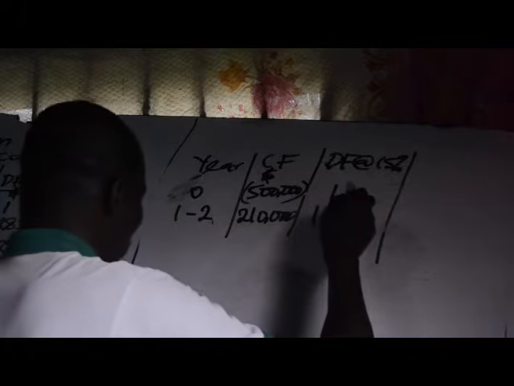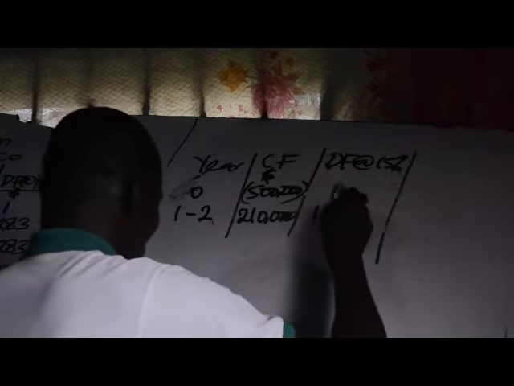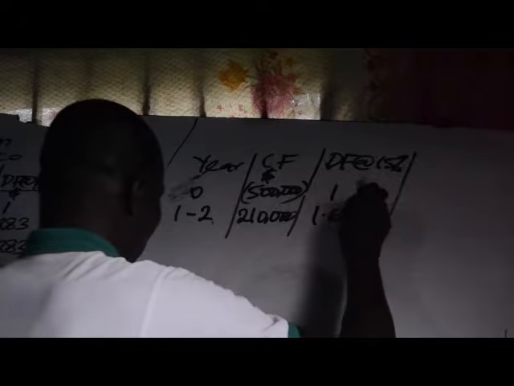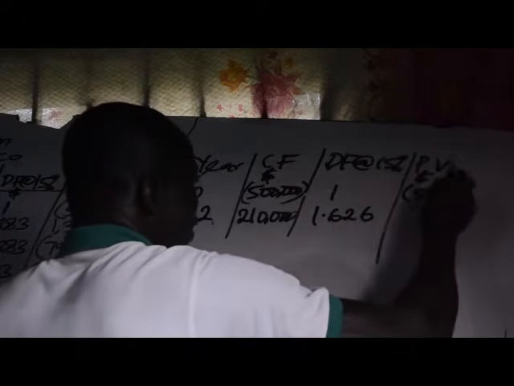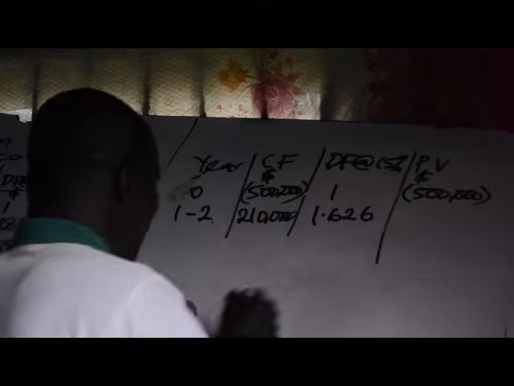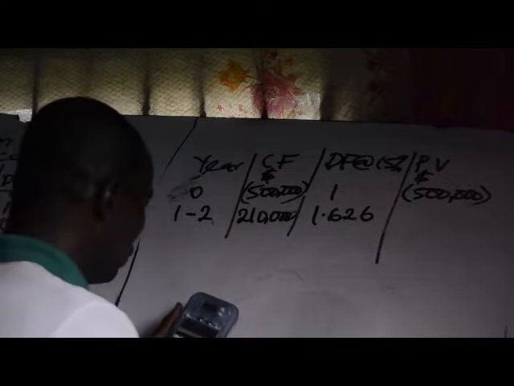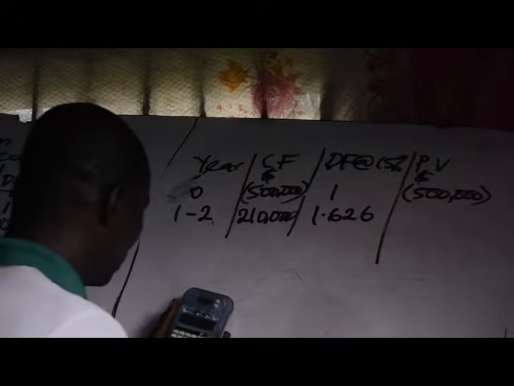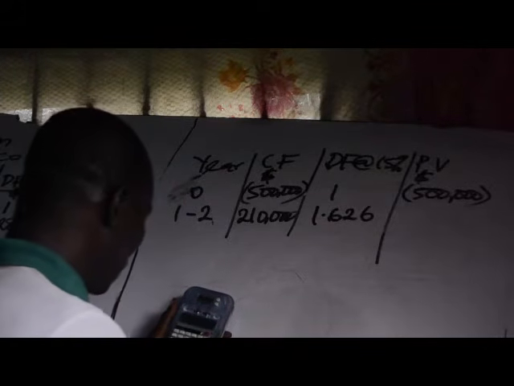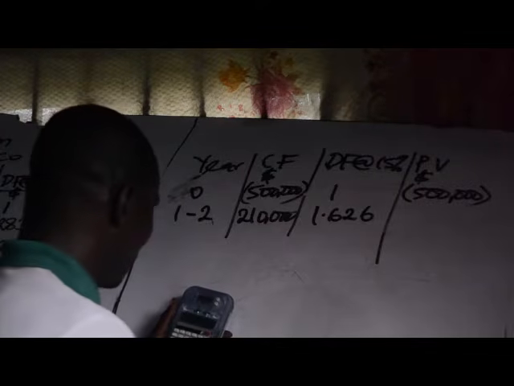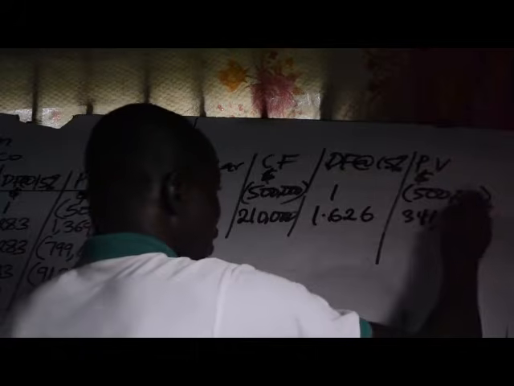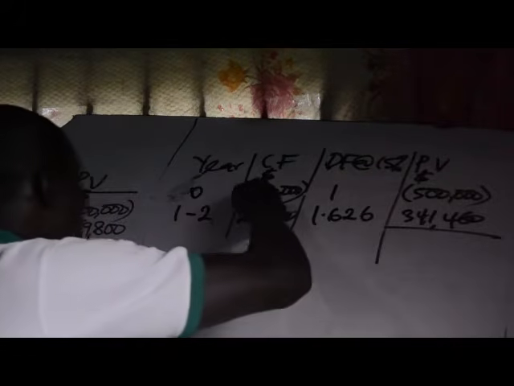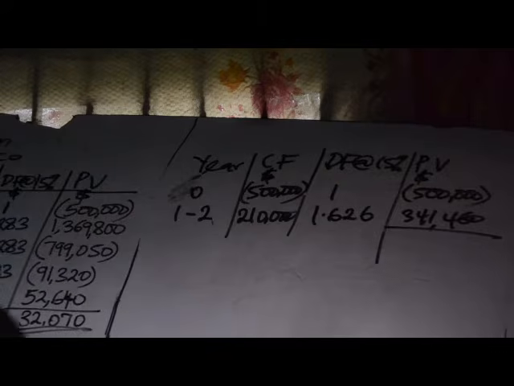For 2 years, we have 1.626. What is the present value of that? Year 0 will still be 500,000. Years 1 to 2, we have 210,000 times 1.626, which is 341,460.